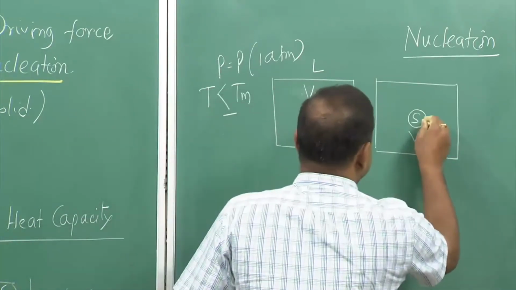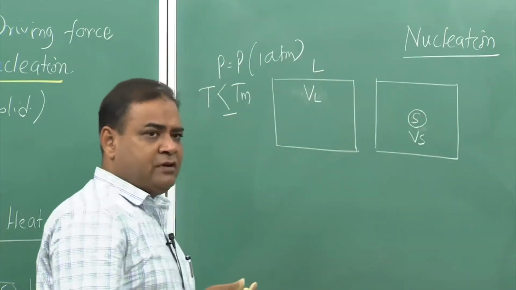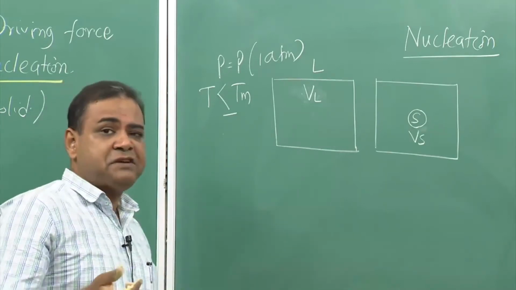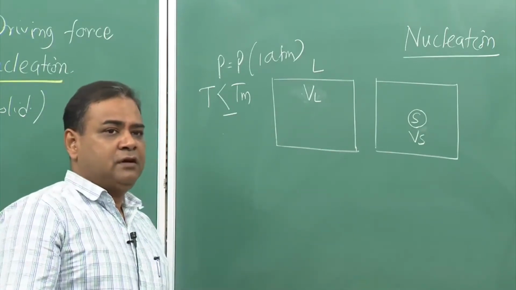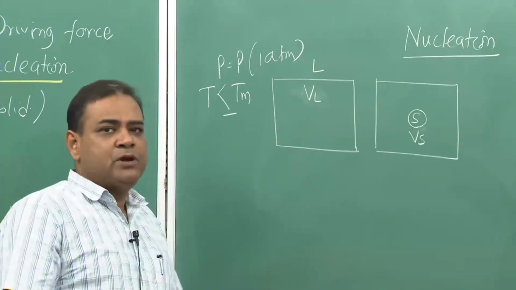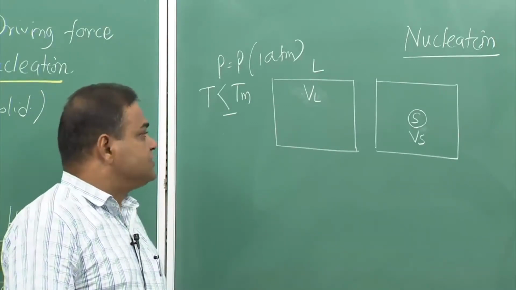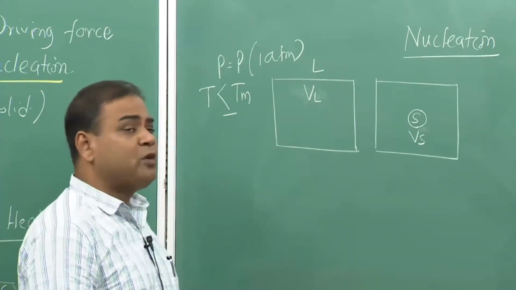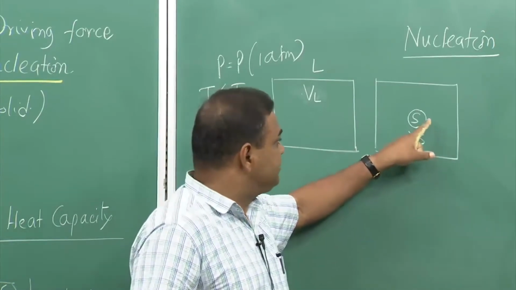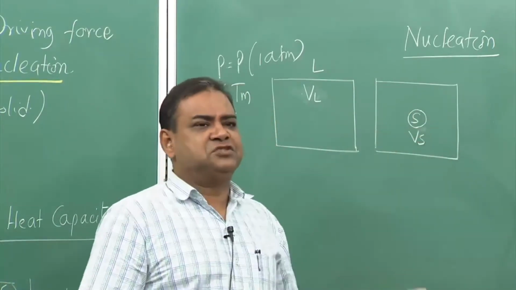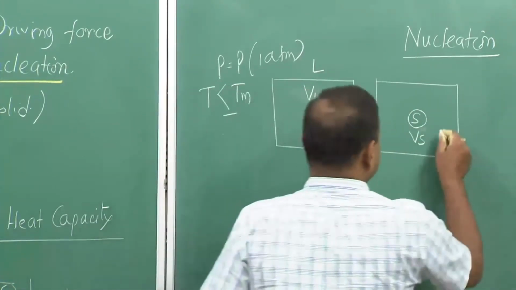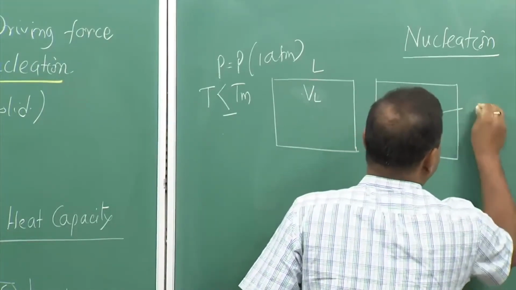And it could have different shapes, either a spherical shape, or a lenticular shape, or a cylindrical shape, any shape is possible. Okay. So, initially let us assume that it is spherical.